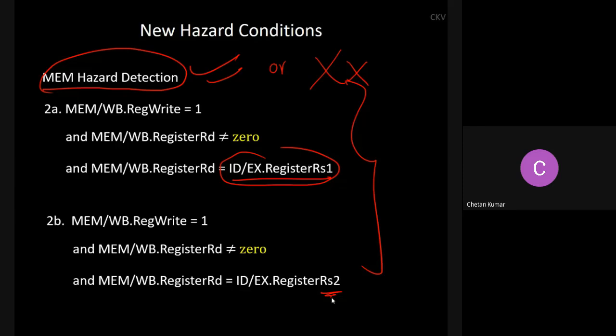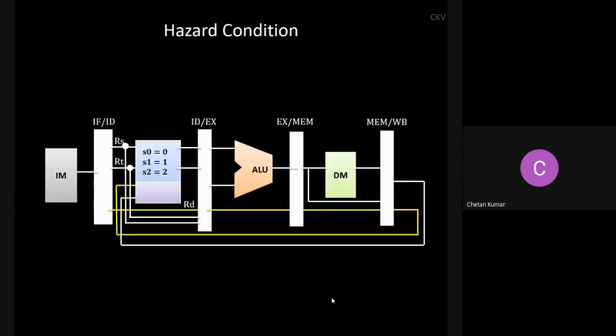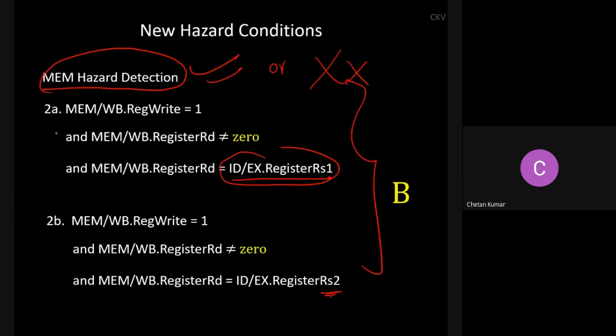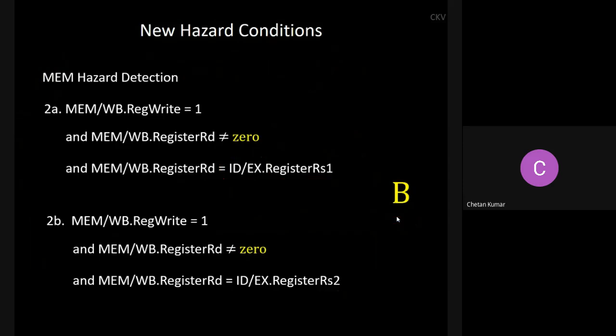Anybody? Okay, let me give you an example where things might go wrong. We'll call this exact condition B. This is where you require forwarding from MEM to write back. So this is your normal case, but this is still not the complete equation.